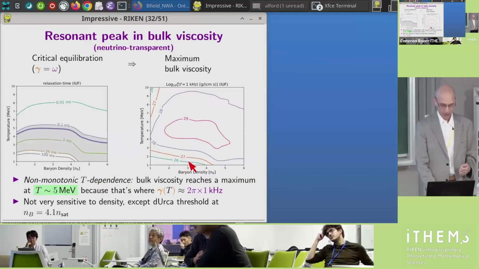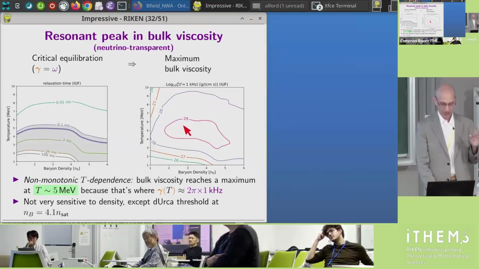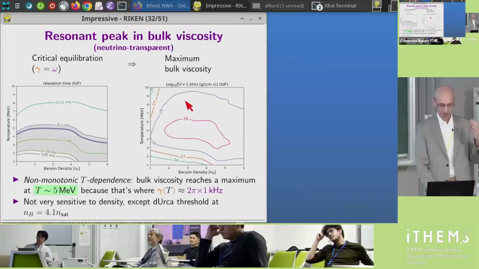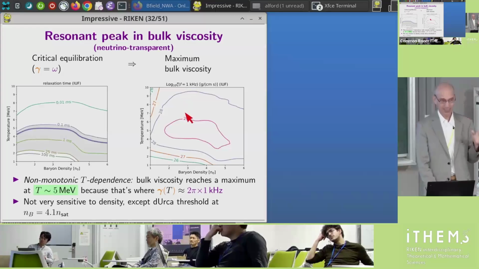As you increase the temperature at a given density, the bulk viscosity goes up as the system relaxation rate gets faster, until the relaxation rate matches the oscillation you're doing. And then if you push the temperature higher, it's relaxing too quickly. It's very good at staying in equilibrium. It's not doing phase lag anymore. And now the bulk viscosity drops again.